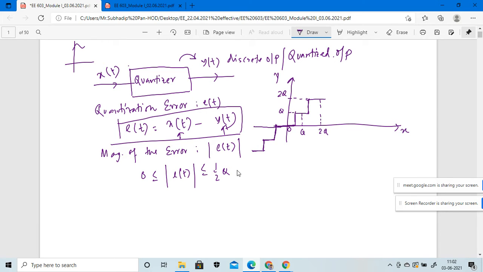This particular diagram or characteristics shows the relationship between the analog input x(t) and the discrete output y(t).